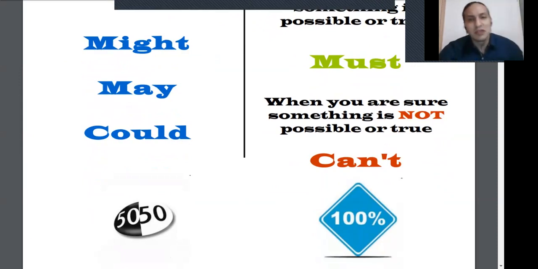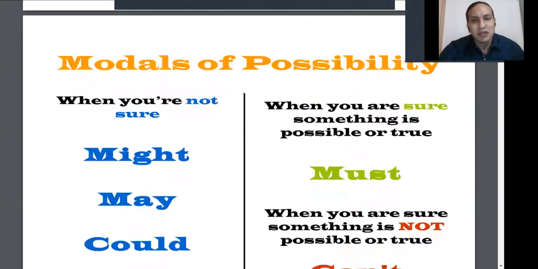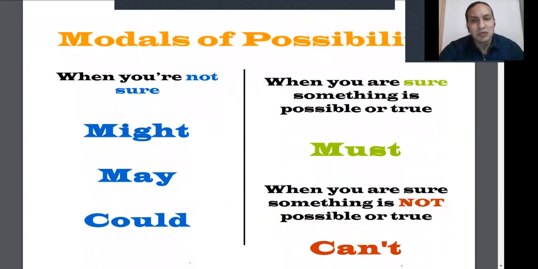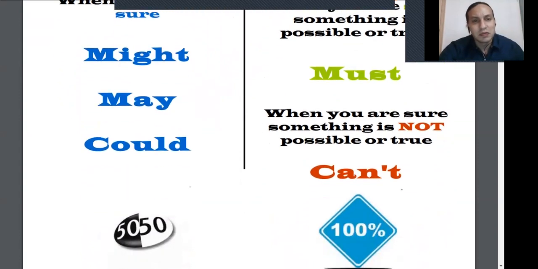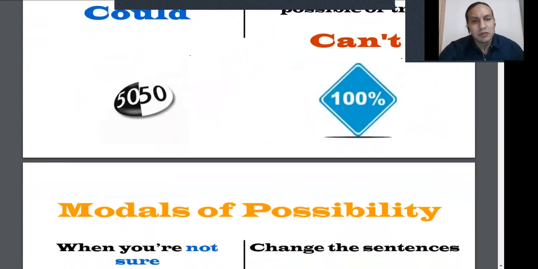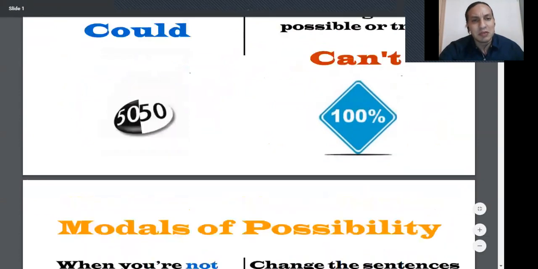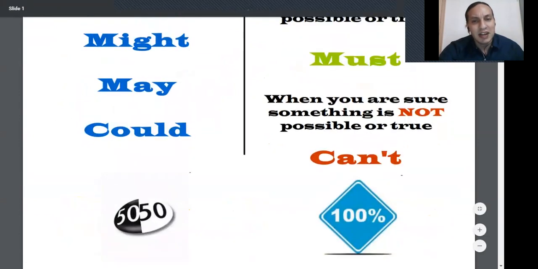Right? Don't confuse those. Must goes with the top one. Can't goes with this one, right? There's 50% possibility, 50-50, 100% yes, 100% no.